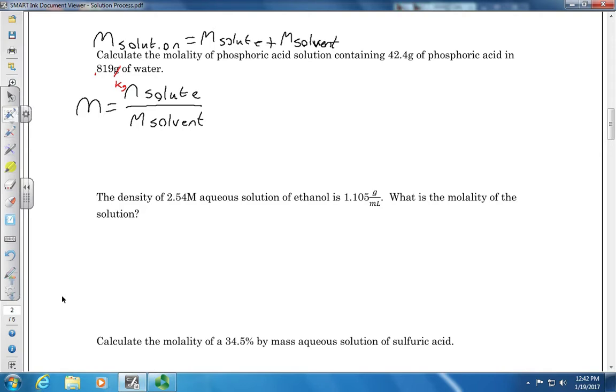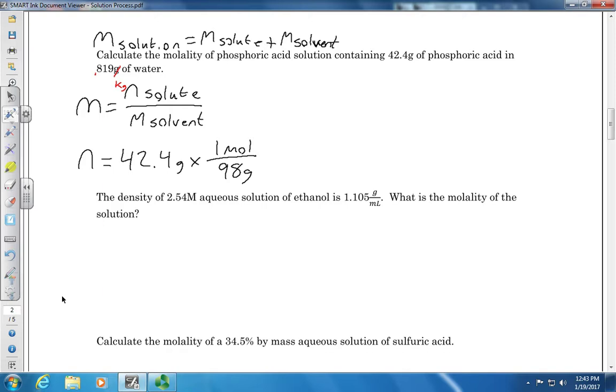As far as the moles of solute are concerned, we're going to just call this n. And the moles of solute, and the solute is the phosphoric acid itself. We're given the mass of it, which is 42.4 grams. So we need to take that 42.4 grams and multiply by 1 mole over the molar mass, which is 98 grams.